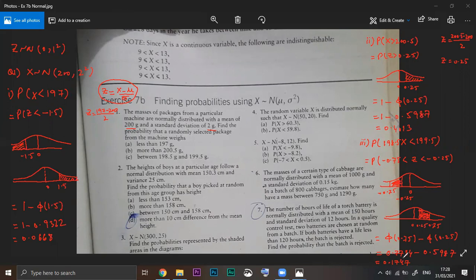And what is the formula for the conversion? z is equal to (x minus mu) over standard deviation, x minus mean over standard deviation. We will convert the value of x into the value of z, and we will use the table as we have used in the previous exercise. Okay.